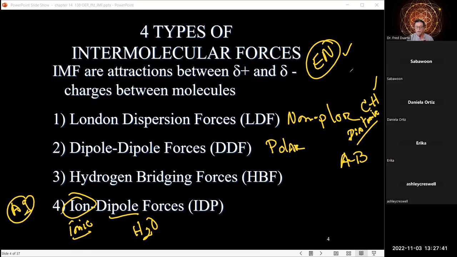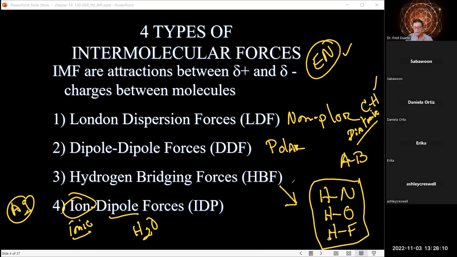Now, number 3 is called hydrogen bridging force, which is a dipole force. However, it's a little bit stronger and needs its own category. But those are only for examples of hydrogen bonded to nitrogen, oxygen, or fluorine. I call it HNOF, to help you out.